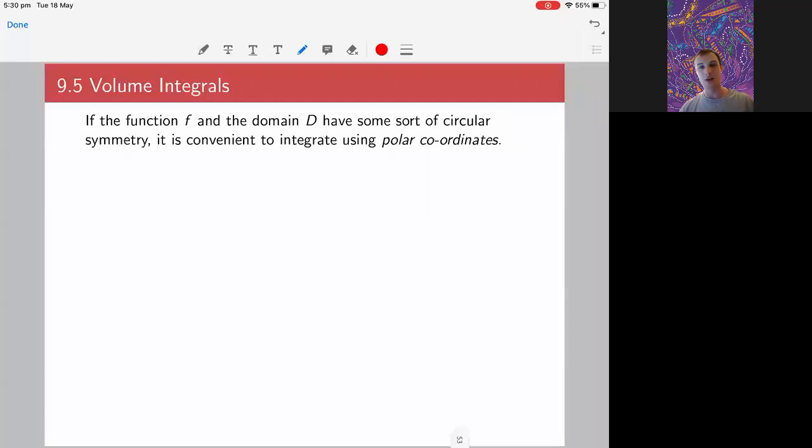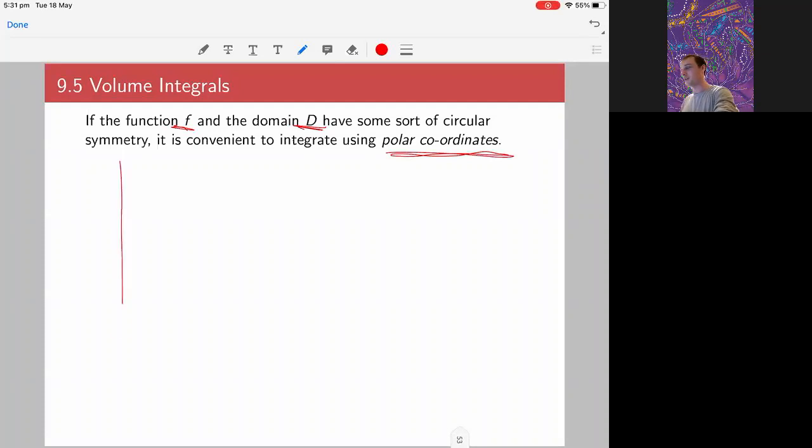In principle, whether or not you integrate in polar coordinates shouldn't actually affect your answer. It's just that in the case that your function as well as your domain both have some sort of rotational symmetry, then it's much more convenient to perform the integral using polar coordinates.